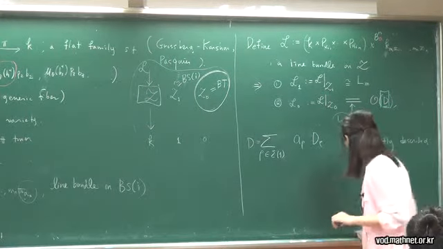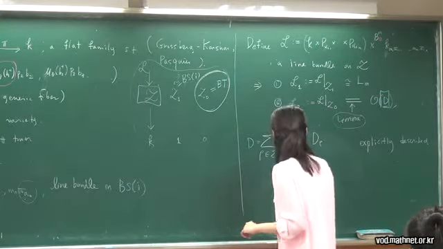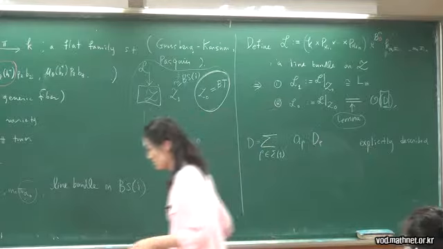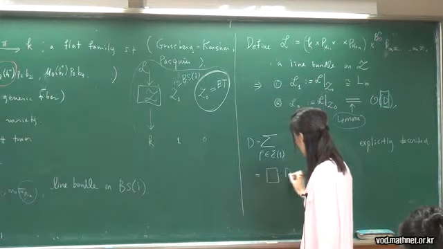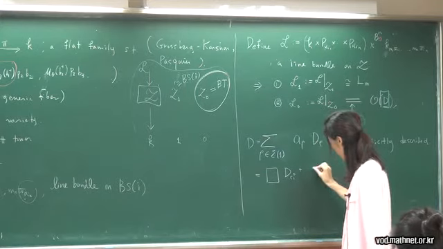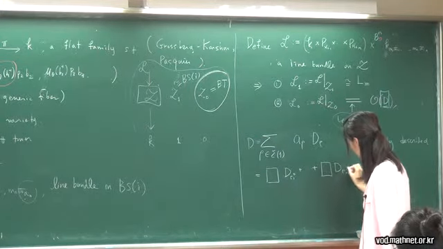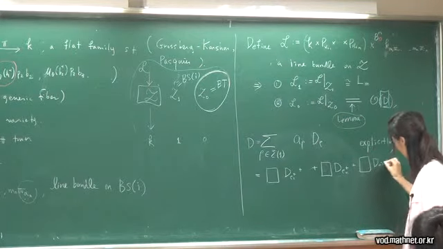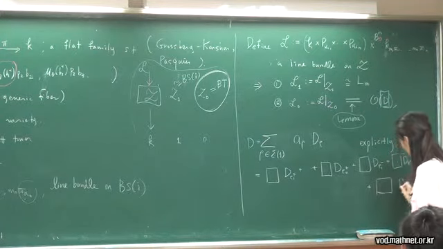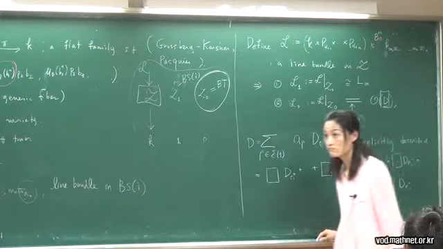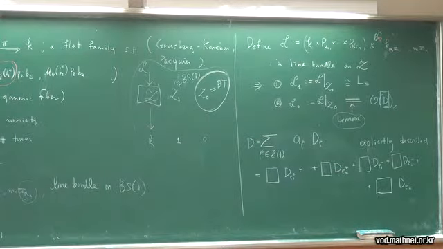So let's rewrite for our D. This is a general fact about toric varieties: divisors are written in terms of one-dimensional rays.